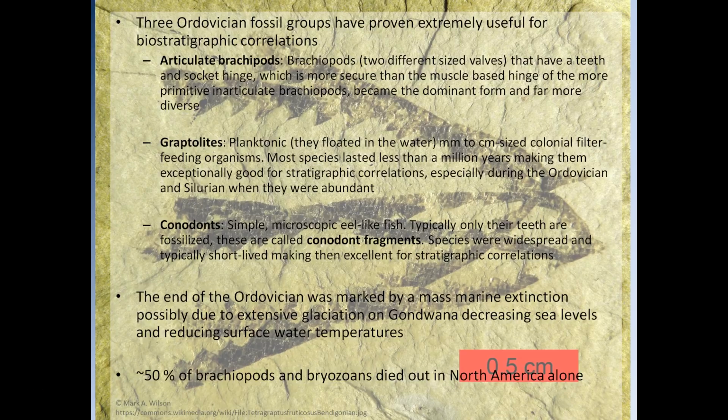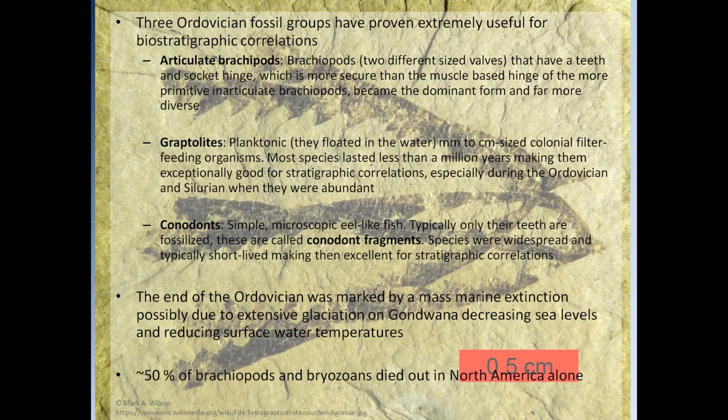And at the same time, because you have all this global glaciation, that's going to reduce global temperatures. So ocean surface temperatures are going to decrease. That's going to cause a decrease in the amount of available food, because the numbers of photosynthesizing organisms is going to decrease as the surface water temperature drops. And so essentially, this is going to lead to a collapse of the marine ecosystem, and we see that as a mass extinction.